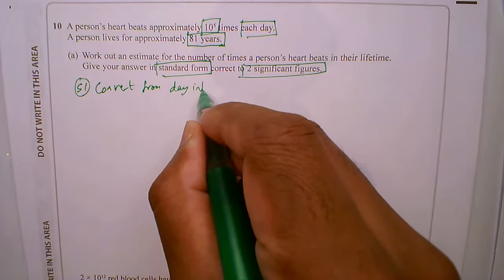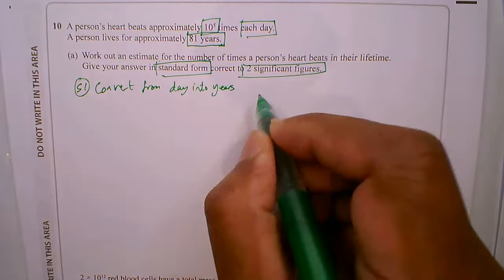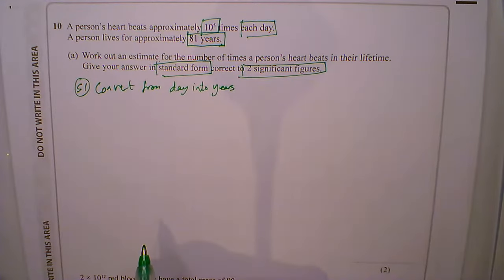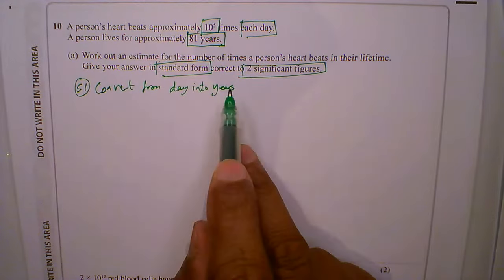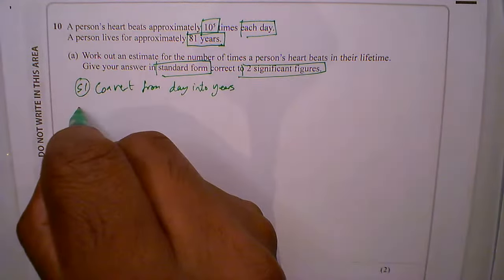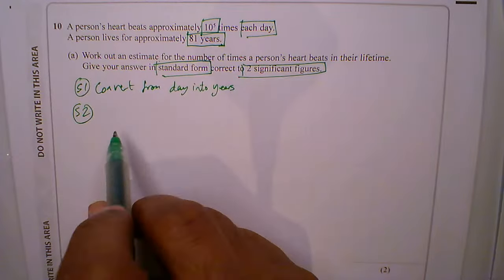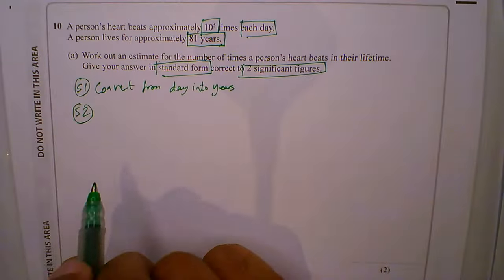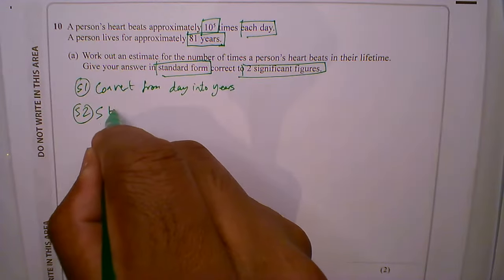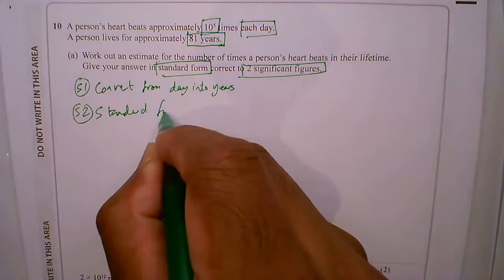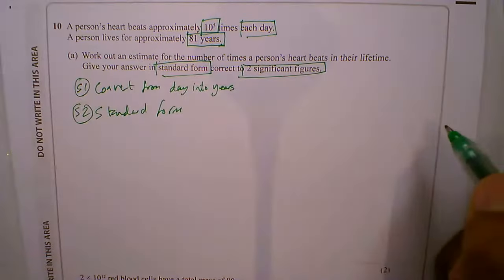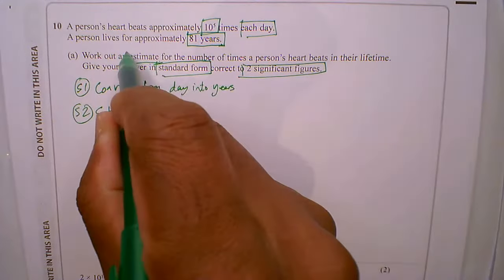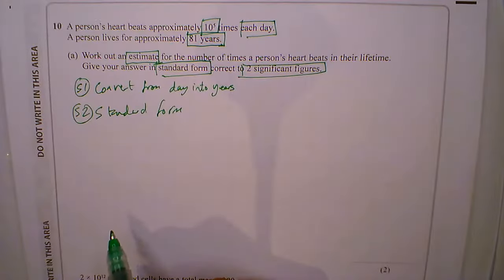After I've done days into years, I am going to then have to look at standard form. Now this is converting from days into years. It seems easy, but it's a bit tricky. And then check for standard form. And it does have the word estimate there, so we could at one point or another round.